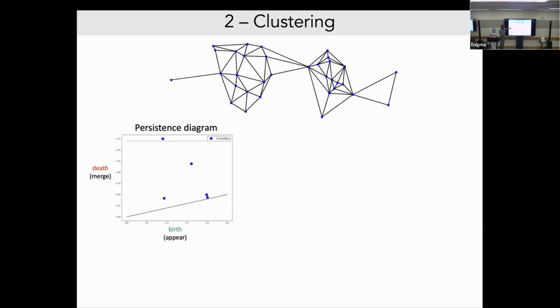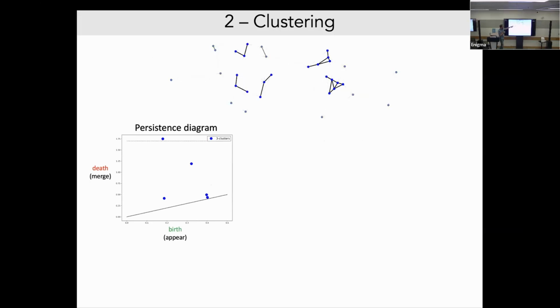For this data set, you see 5 different clusters that appeared, and in the picture, they correspond to these 1, 2, 3, 4, 5 clusters. Again, these 2 are ignored, they're not part of the filtration. So there are 5 clusters that appear at different times, they merge at different times, and this is the diagram that we get. This kind of procedure gives you interesting, rich information about clusters that you see in your point cloud.